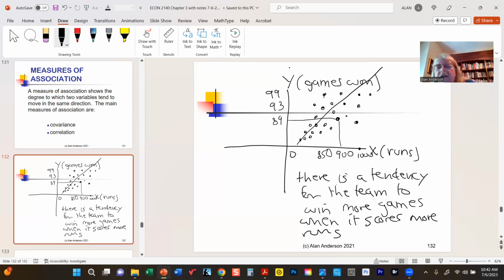You can tell just by looking at this graph that, yes, in years when we score a lot of runs, we tend to win a lot of games, although it doesn't always work out that way. Otherwise, the points would all be right on that line.